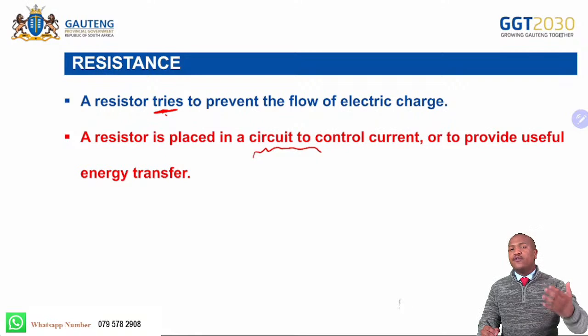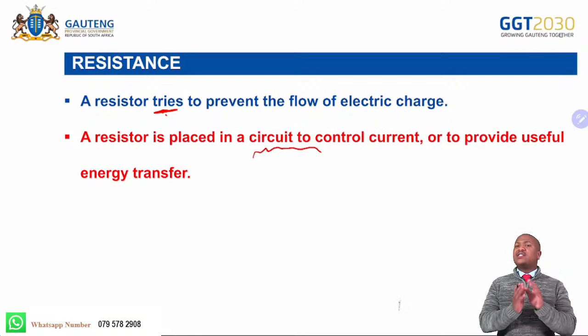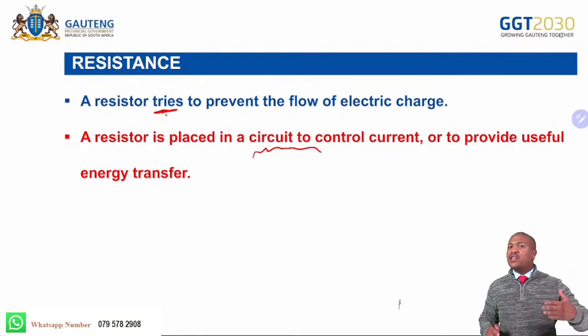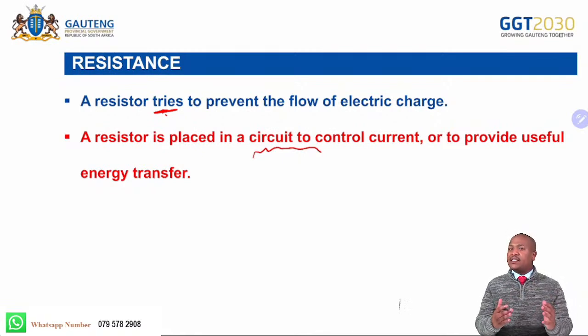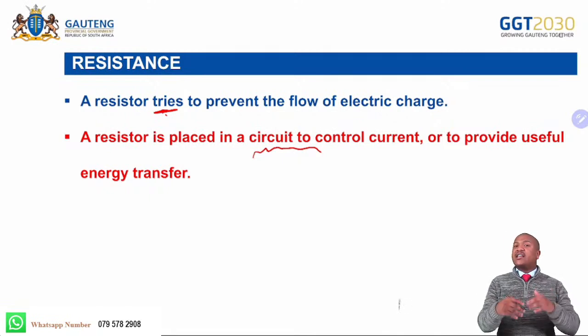And a resistor is placed in a circuit to control current or to provide what? Useful energy transfer. What do we mean when we say it is used to provide useful energy transfer? Now let's think of a kettle, right? The one that you use to boil water, right? It has an element there that serves as a resistor. You have electrons coming in from the cord that is connected to the wall socket, right? The electrons or electrical charge is coming in, and it finds that resistor as the coil.